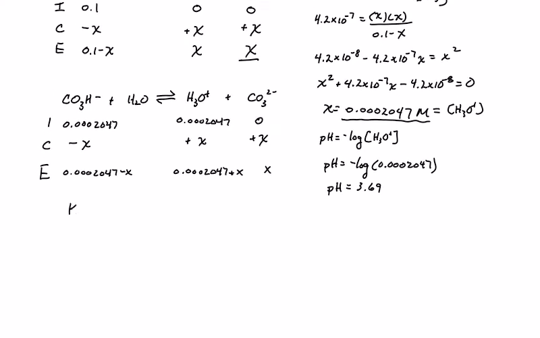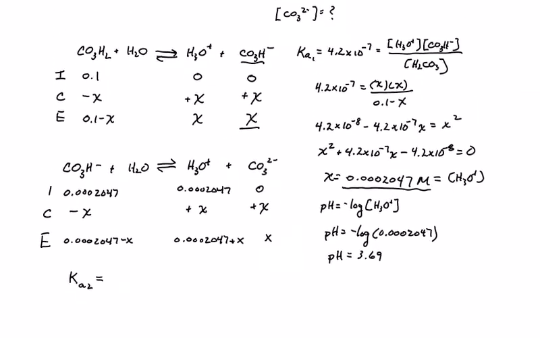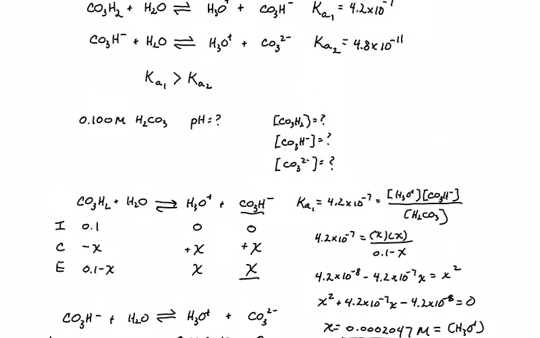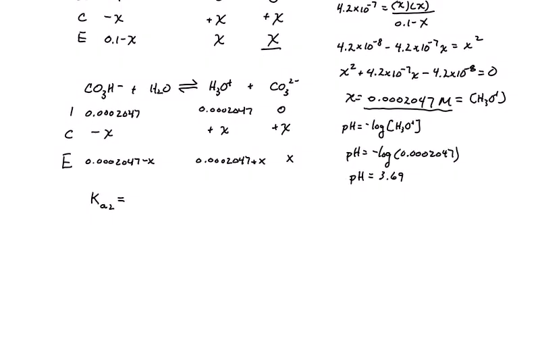Okay, we know that Ka2 was equal to 4.8 times 10 to the negative 11th, which is going to be equal to our equilibrium concentration of hydronium, which is, I'm going to switch this over to scientific notation here.